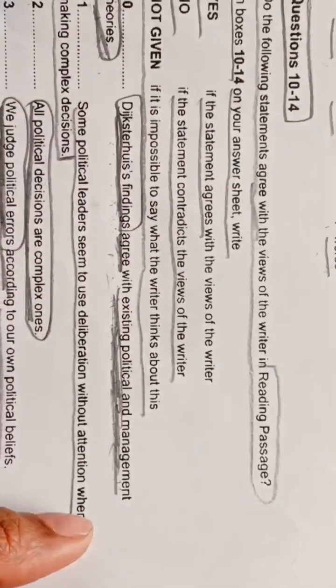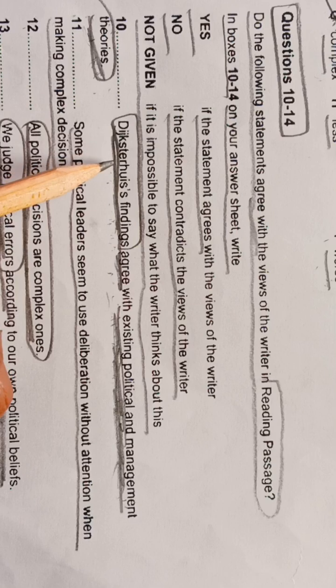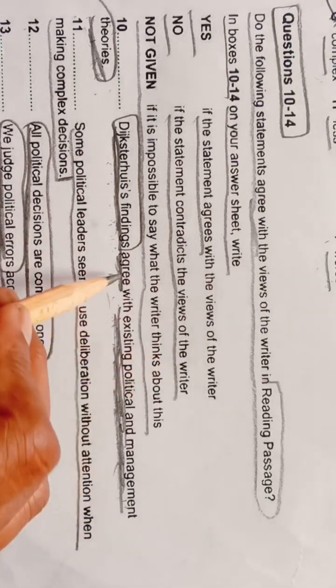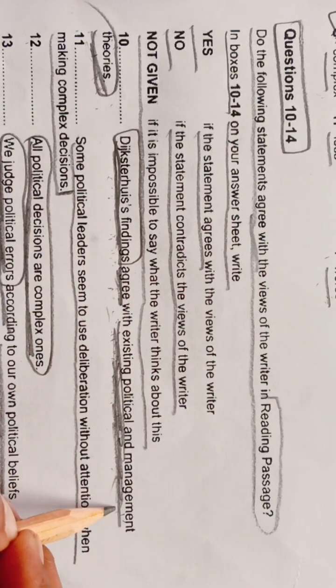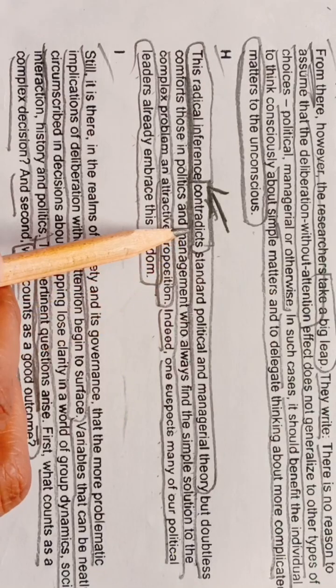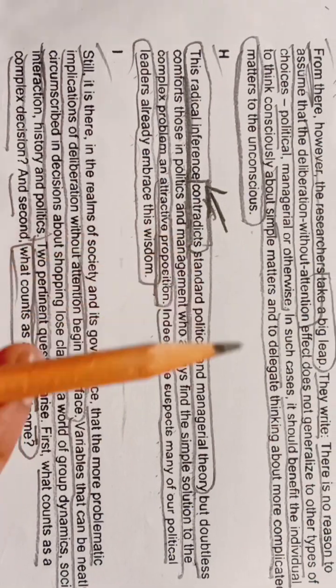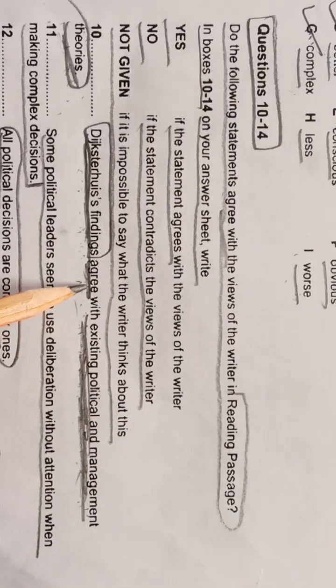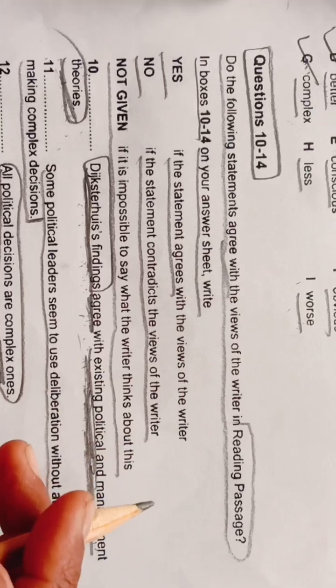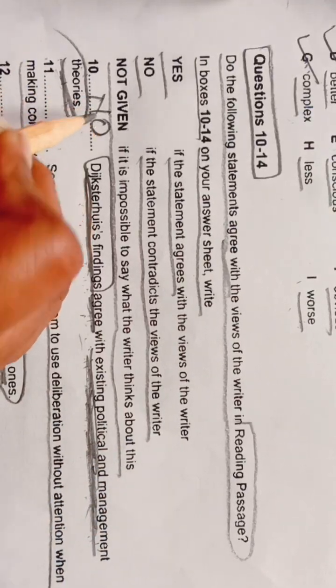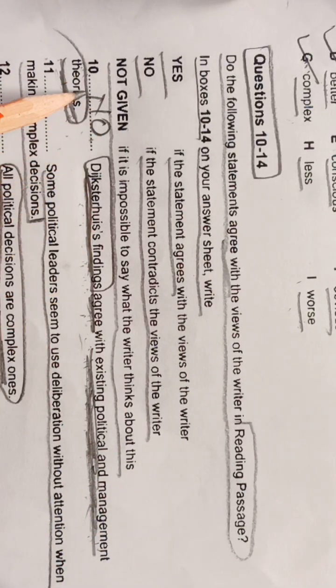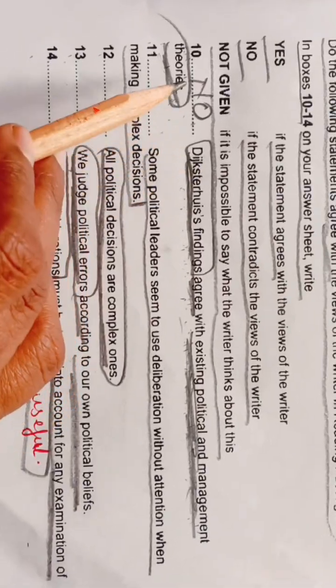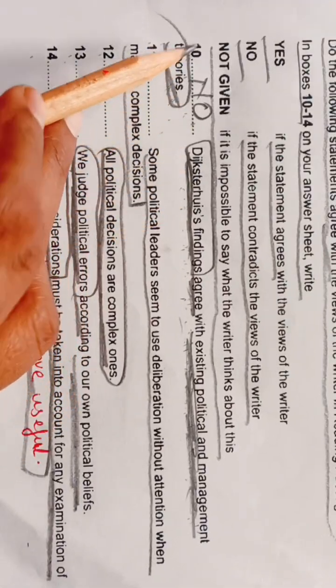And here in the question they are asking whether the finding agrees with the existing political and management theories. Here they are talking about contradicts, and here they are talking about agree. So both statements are contradicting with each other, so we will write no in front of 10 in our answer sheet.